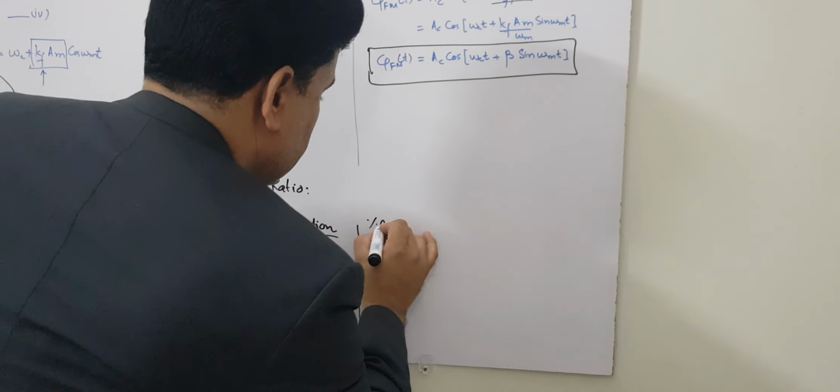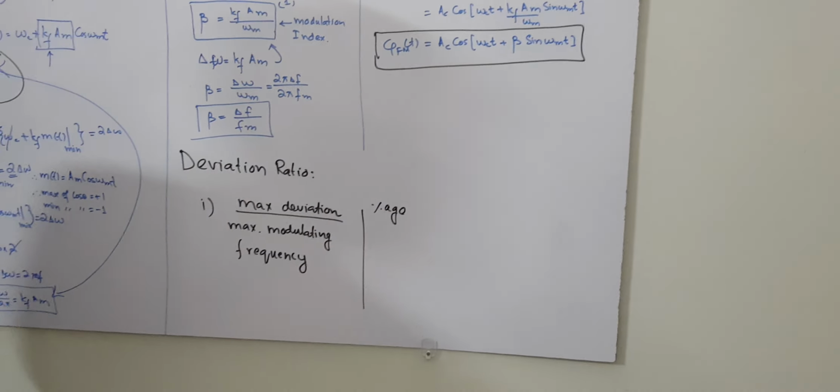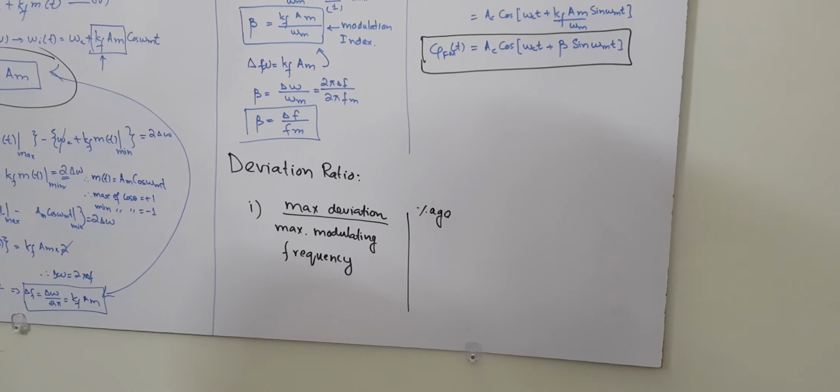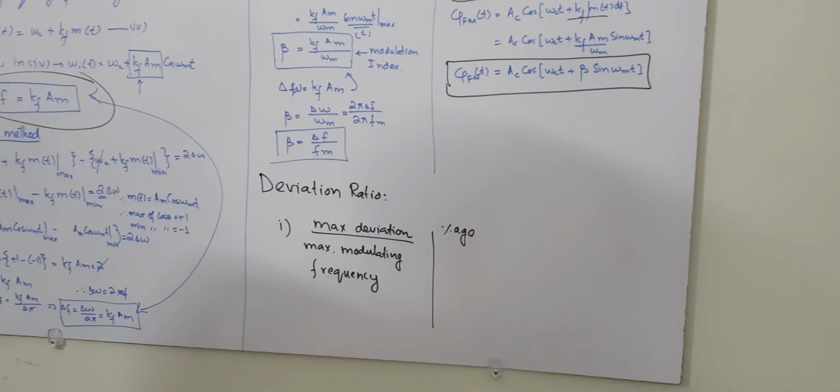The second term is the percentage. So you can also represent in terms of percentage modulation of FM signal.